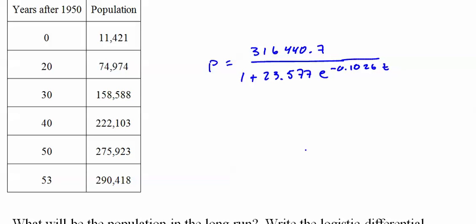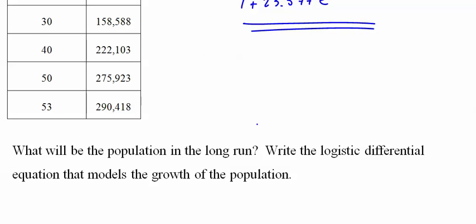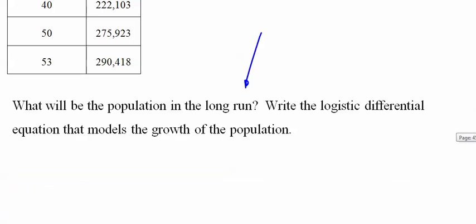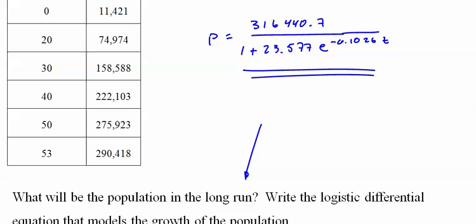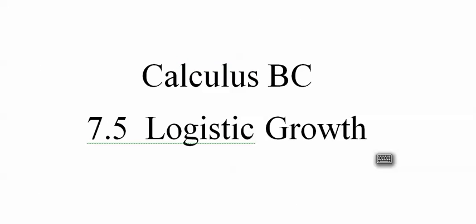And then you can play with it from there and answer any questions that pop up, such as these. That's it. That's a boatload of math. So good luck. And as always, happy mathing.